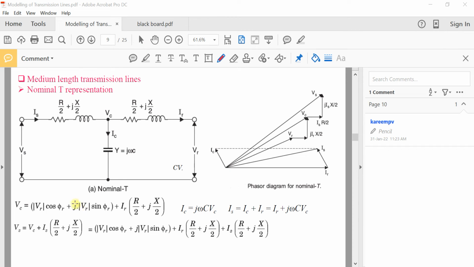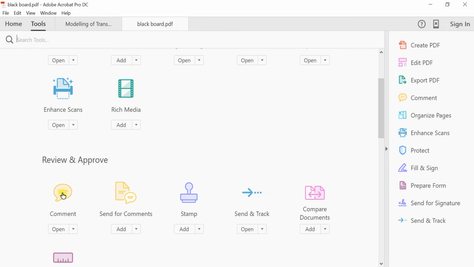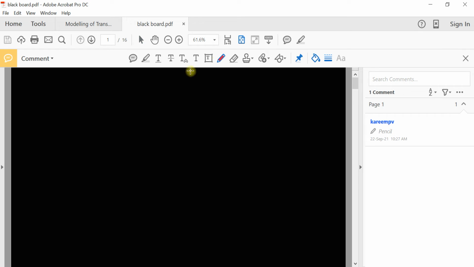Here, this is the equivalent circuit in T representation, and this is the phasor diagram. So in order to find the ABCD parameters of the transmission line, we have two sets of parameters: Vs and Is, the sending end voltage and current, and the receiving end voltage and current, Vr and Ir.